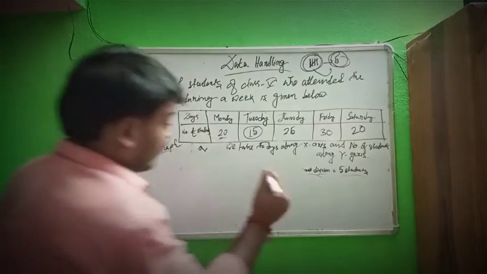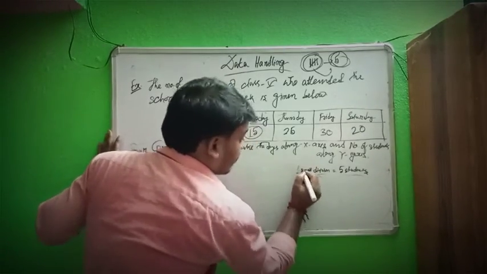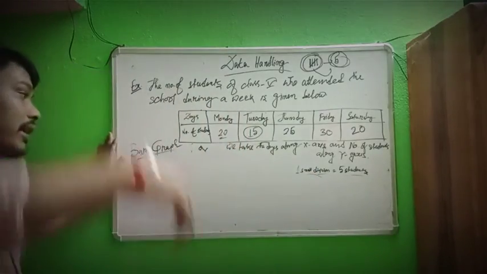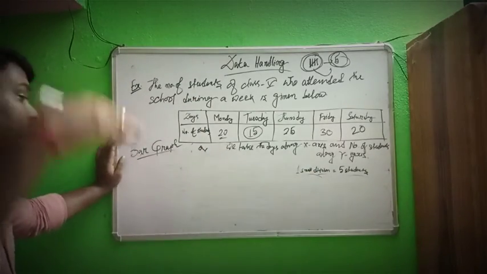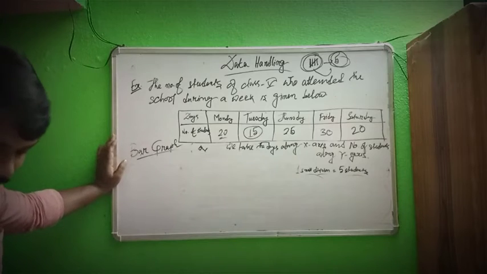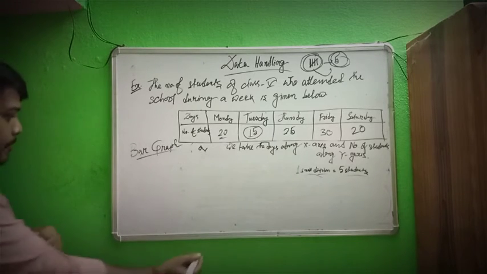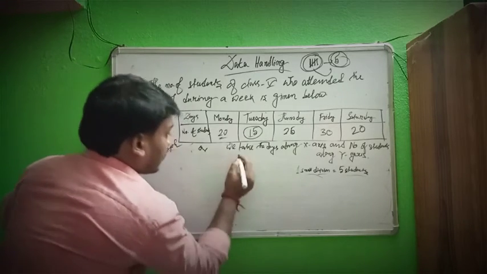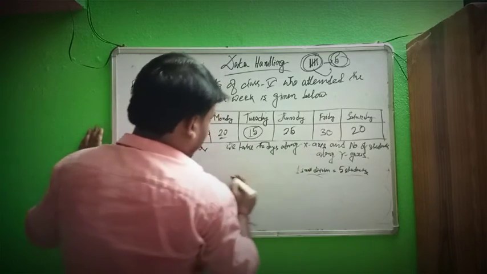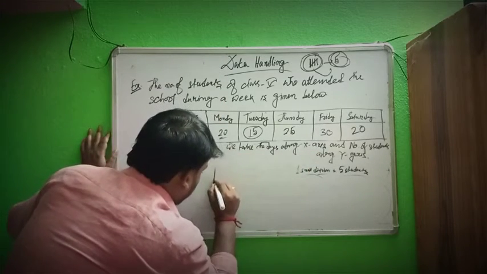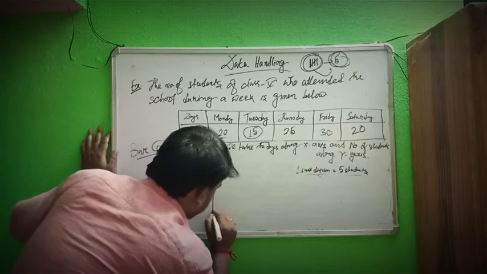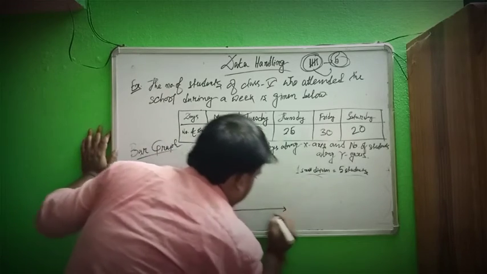If you draw on a white page, how do you draw the bars? I will explain now. For a bar graph, we need to draw two rectangular axes.